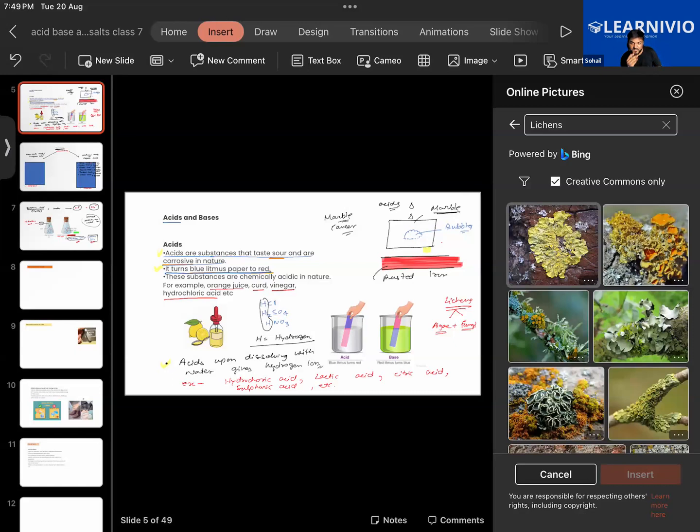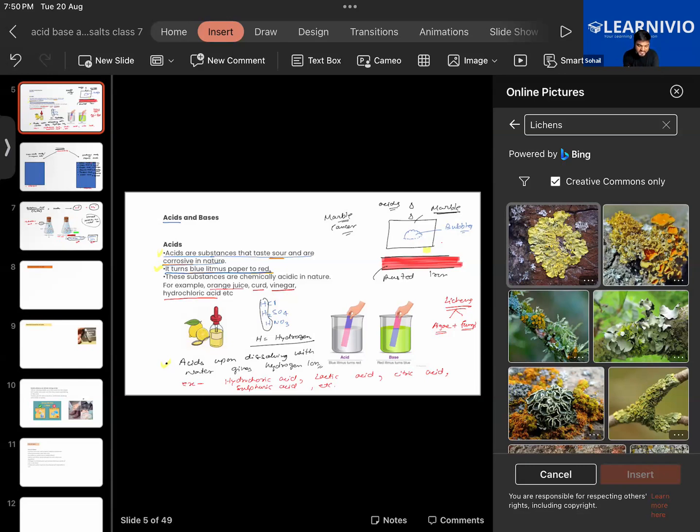See these yellow patches that you see over here. The first one has grown on a wall. The other one has grown on a dead stem, right? These lichens are found growing in areas which are highly polluted. So it's an indicator of pollution also. Anyways, getting back to the topic.